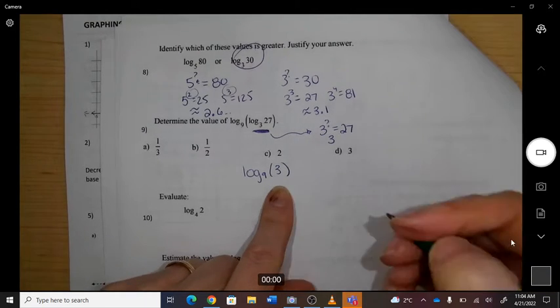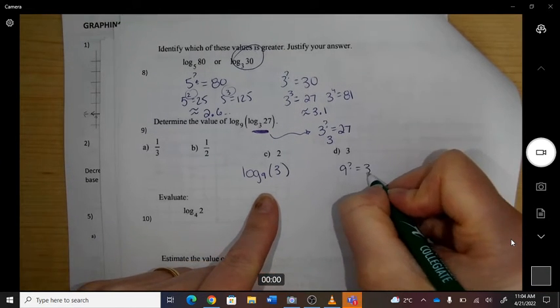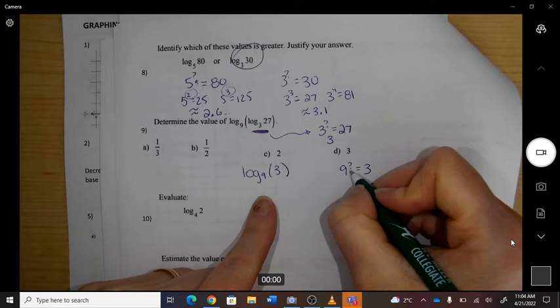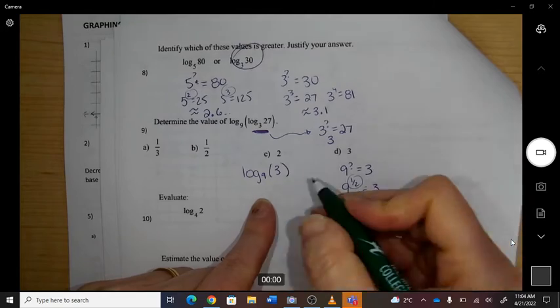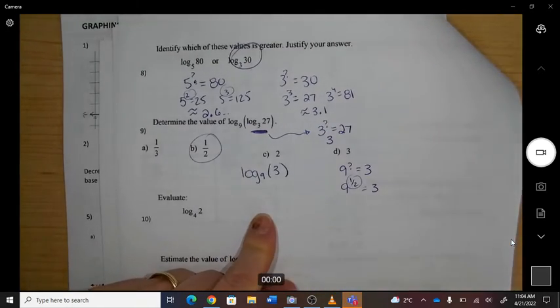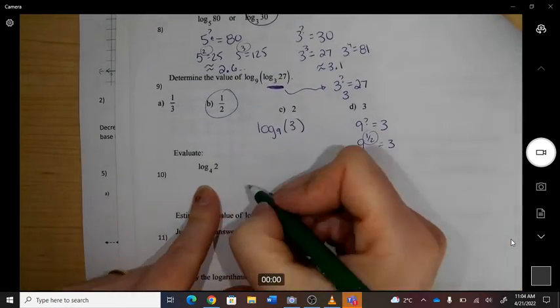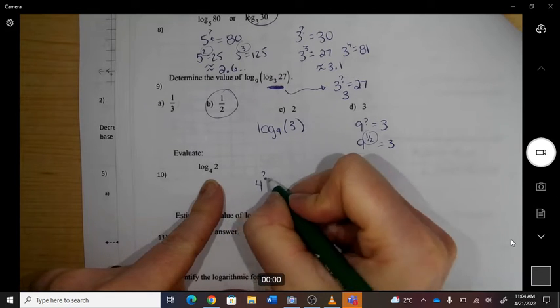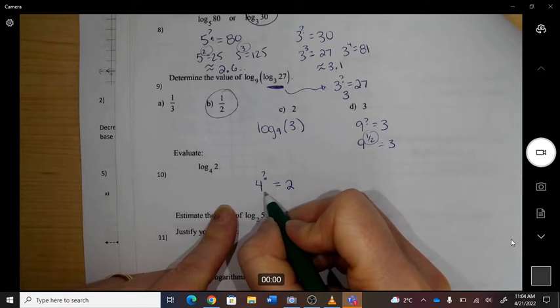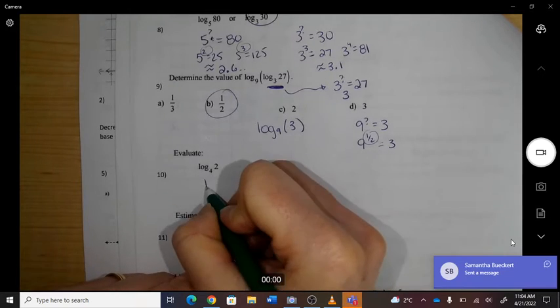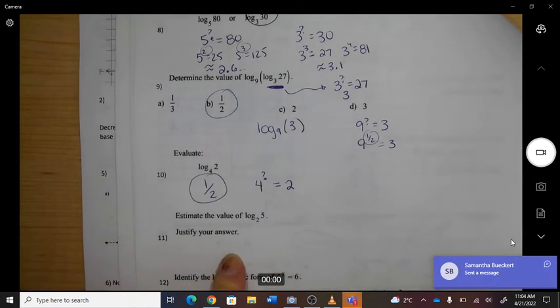So my next question is 9 to the what equals 3? And that's a square root, which is the same as a 1/2. Evaluate this. So 4 is the base. What exponent would be that? That's a square root, so that would be a 1/2.